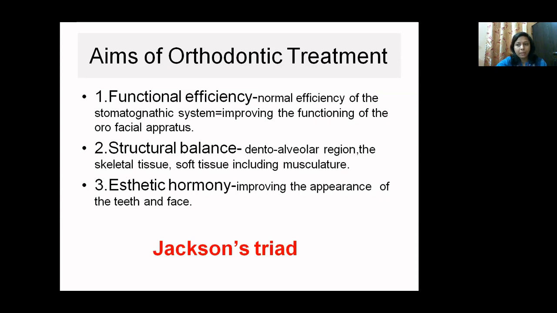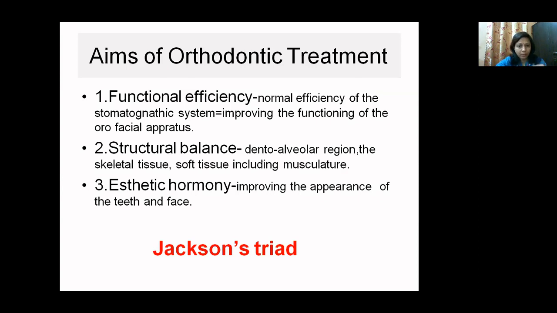Coming to structural balance, orthodontic treatment affects the entire stomatognathic system, which includes not only the teeth but also the skeletal tissues and soft tissues, including the musculature. The treatment should maintain a balance between these structures, and the correction of one should not be detrimental to the health of the other.